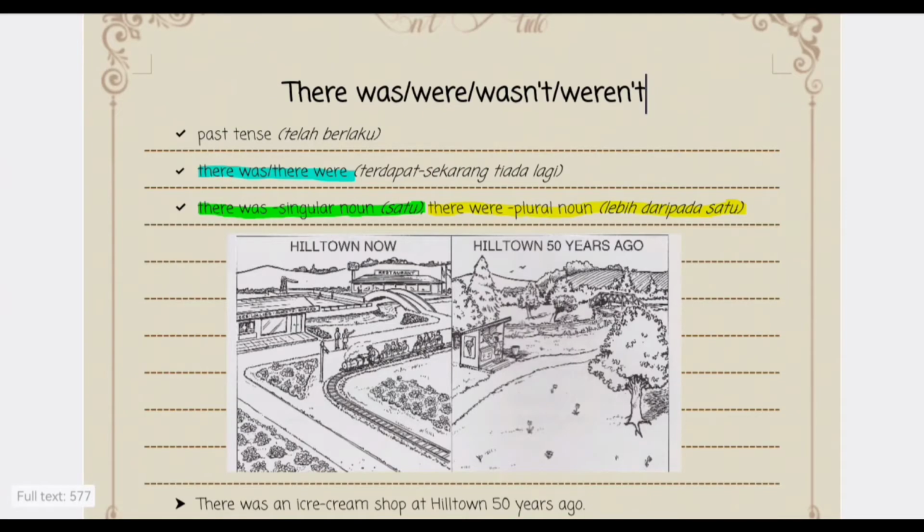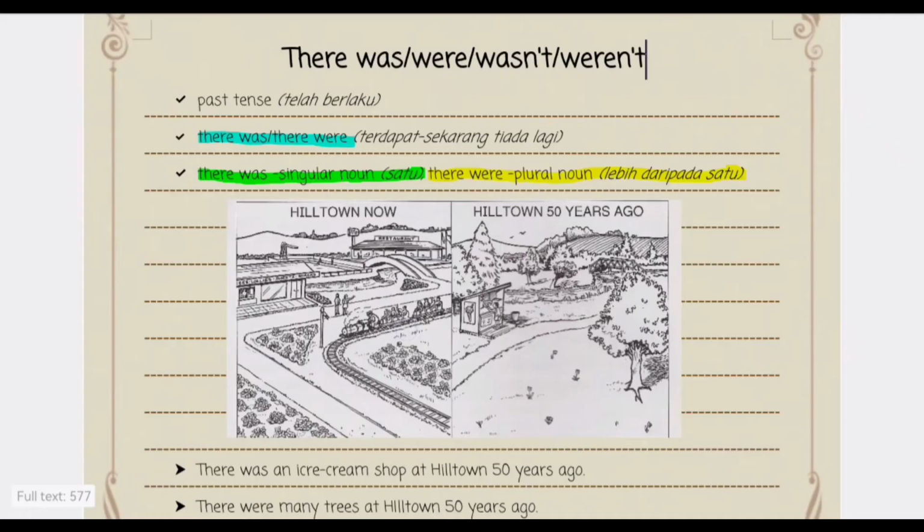For example, if you look at this one, there was, there were. Itu bermaksud terdapat dan menunjukkan sekarang tiada lagi. So it only happened long time ago and now no more. There was, there were, itu bermaksud terdapat. And why is there a difference between there was and there were?